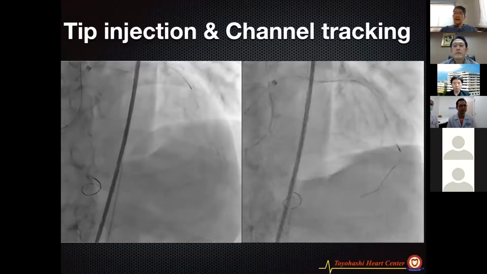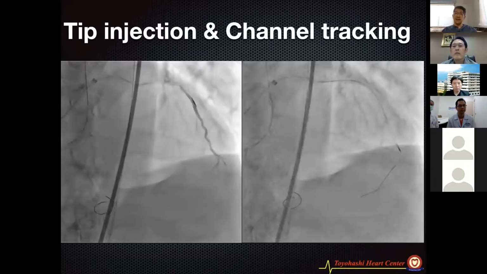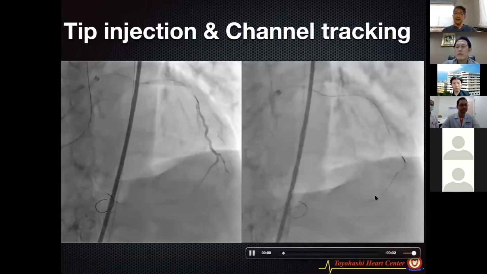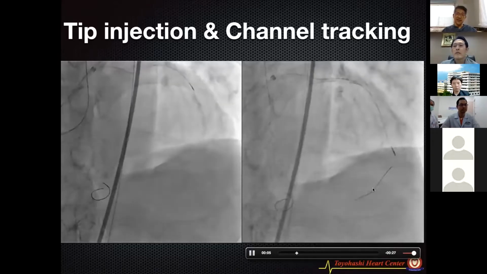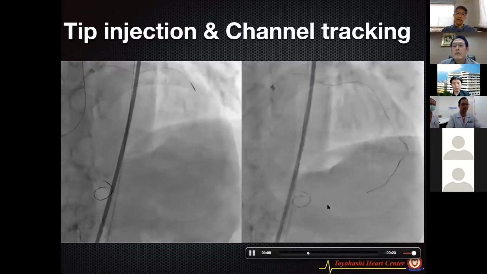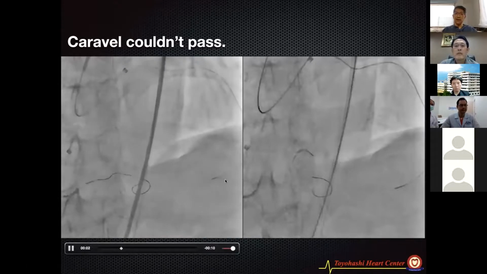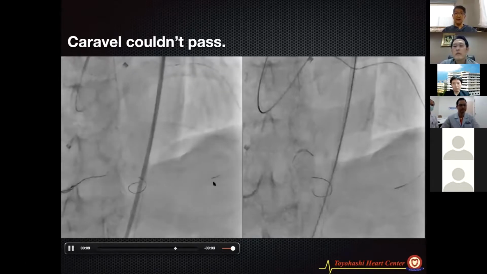And after the antegrade preparation, I started channel tracking with SUOH 03 retrograde like this. It could pass this channel easily, but the Caravel could not pass this part because this part is a little bit tiny.